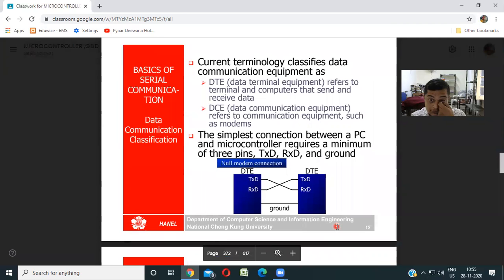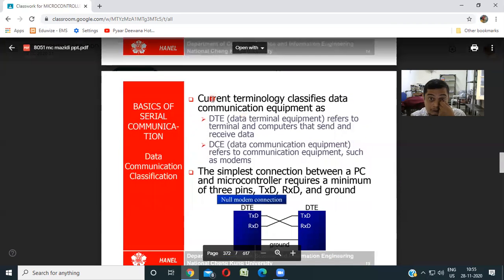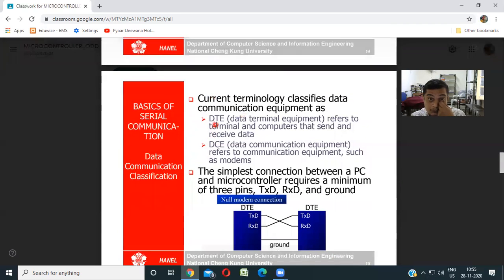This is a very important block. We are using only 2 pins, called the data terminal equipment and data communication equipment. This is called the data terminal equipment, DTE. This is called a null modem connection. We have the DTE and DTE.